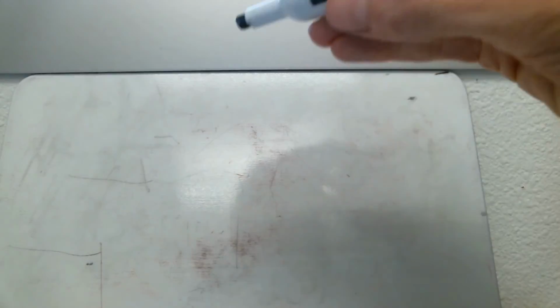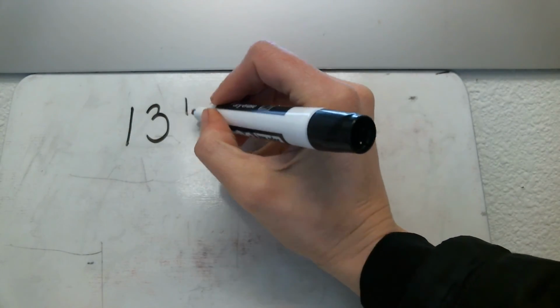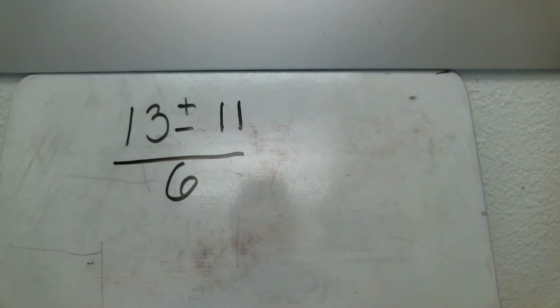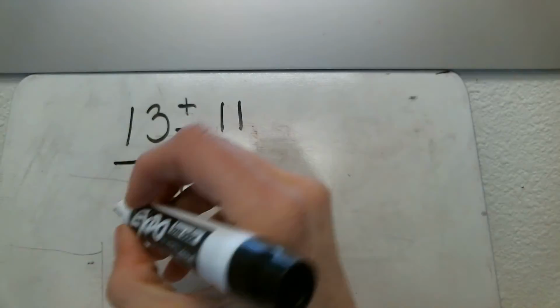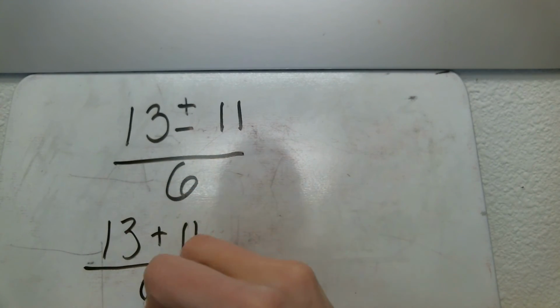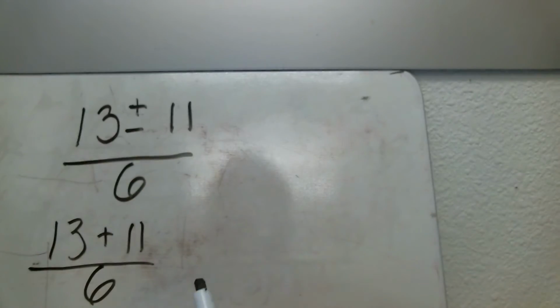So let's do that now. If you're feeling good about it, you can try on your own. So if I have 13 plus or minus 11 divided by 6, I'm going to start with 13 plus 11 divided by 6, and then I'll do 13 minus 11 divided by 6.